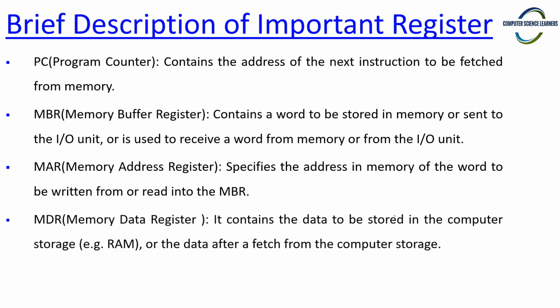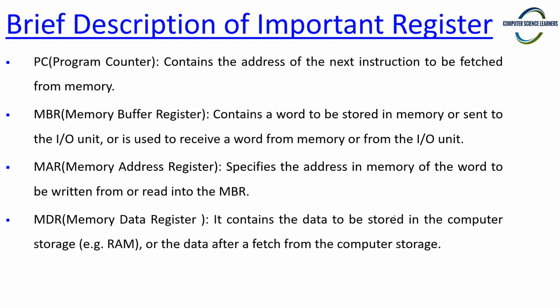I hope everyone is aware of the concept of buffer. Buffer is a term used to compensate for the speed difference between two communicating units. As we know, we have either the memory unit or the input output unit, and they are comparatively slower than the CPU.